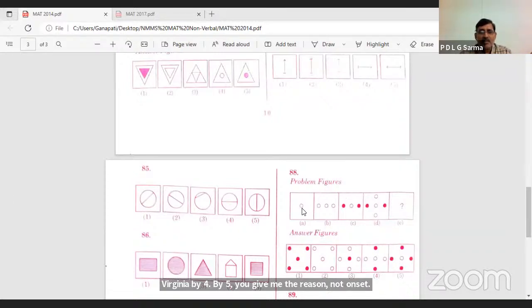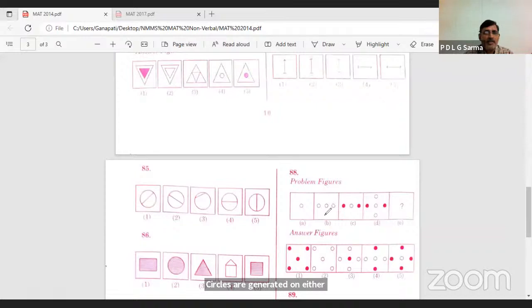First you have one circle here. You can see there is only one circle in the first figure. Now two circles are generated on either side.